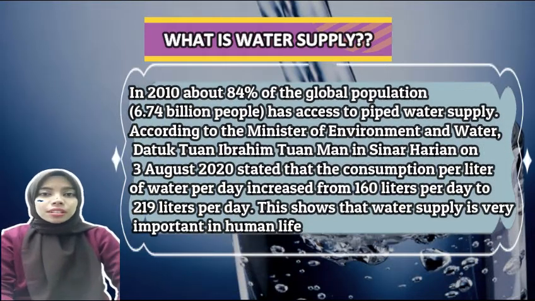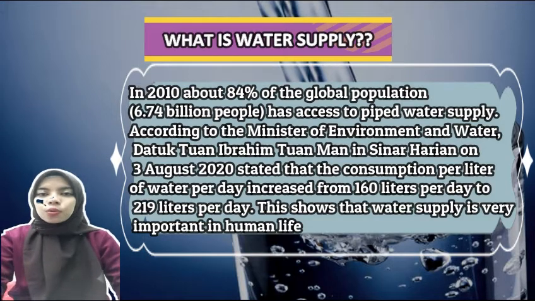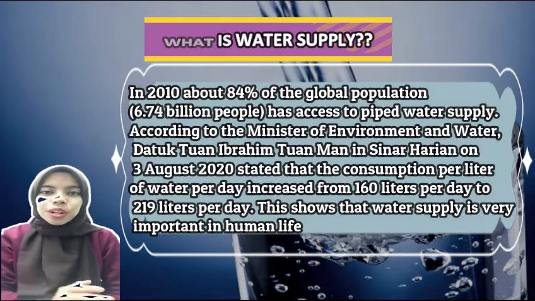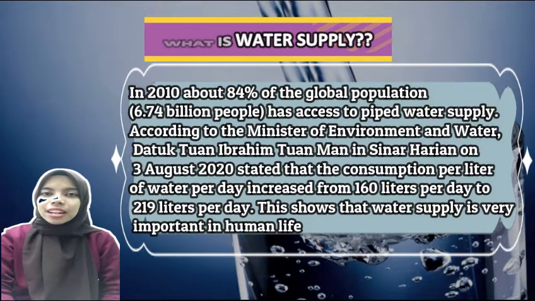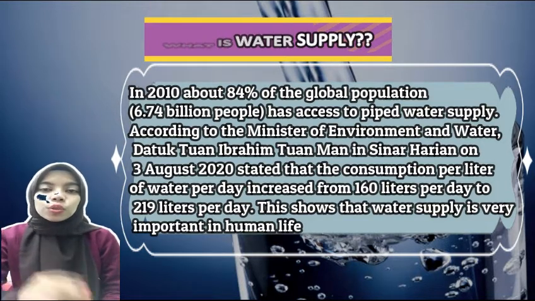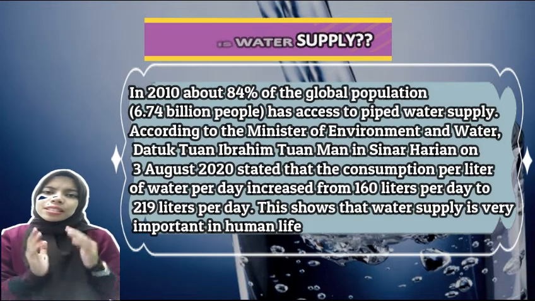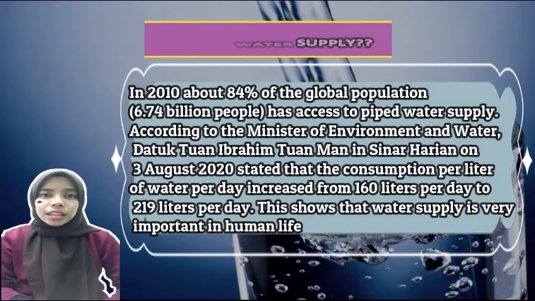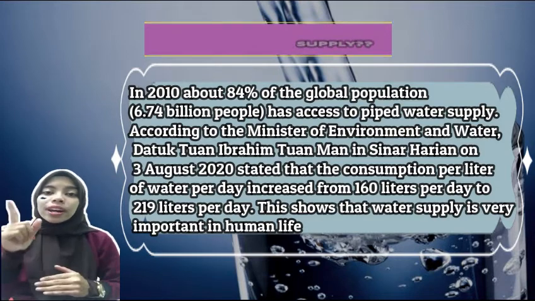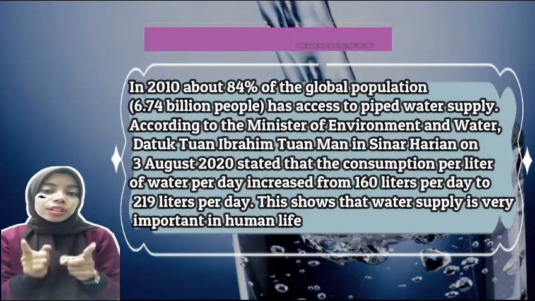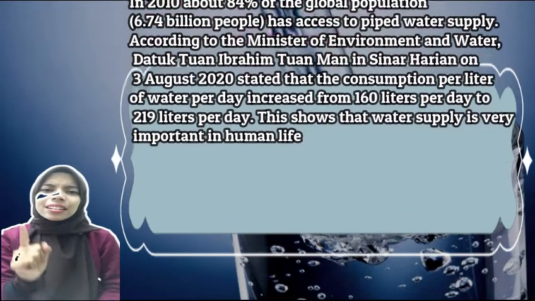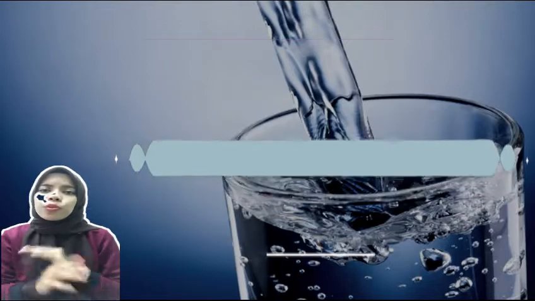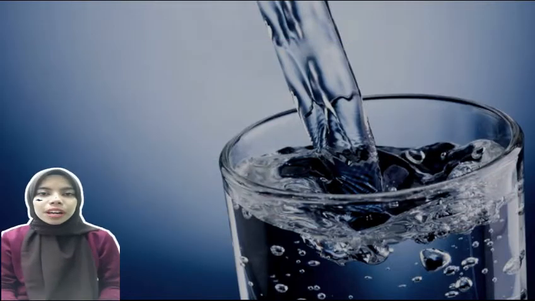According to the Minister of Environment and Water, Datuk Tuan Ibrahim Tuan Man, in Sinar Harian on 3 August 2020, water consumption increased from 160 liters per day to 219 liters per day. This shows that water supply is very important in human life.